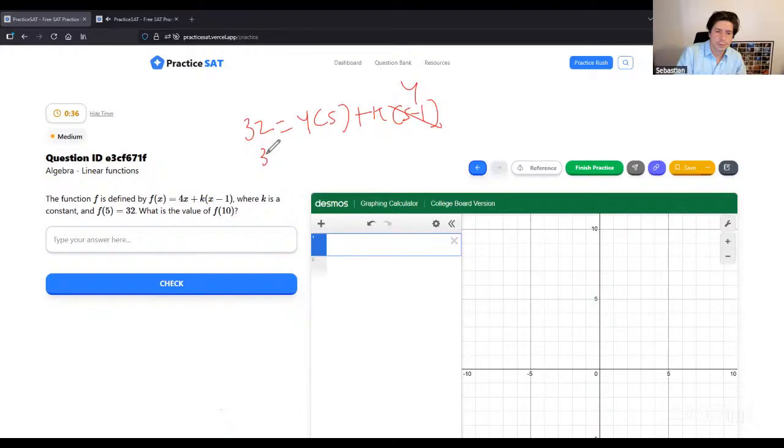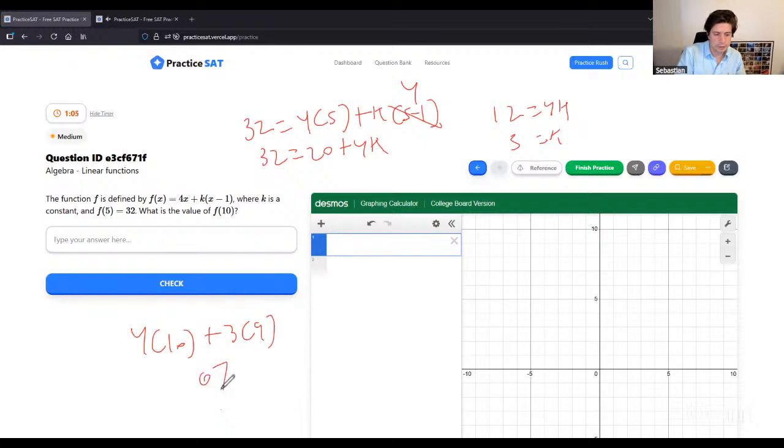So we're going to have 32 equals 20 plus 4k. We're going to subtract, and we get 12 equals 4k. K equals 3. Now it's asking for f of 10. So we'll plug in 3 there. We're going to have 4 times 10 plus 3 times 9. 40 plus 27, we're going to get 67. Nice and clean.